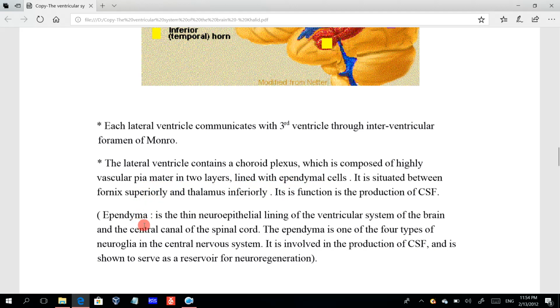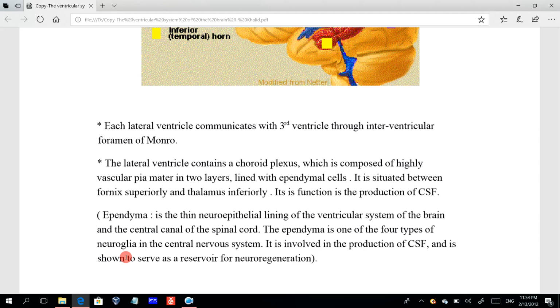And ependyma, what do we mean by ependyma? Ependyma is a thin neuroepithelial lining of the ventricular system of the brain and the central canal of the spinal cord. The ependyma is one of the four types of neuroglia. You know the neuroglia, also called المادة الدبقية.